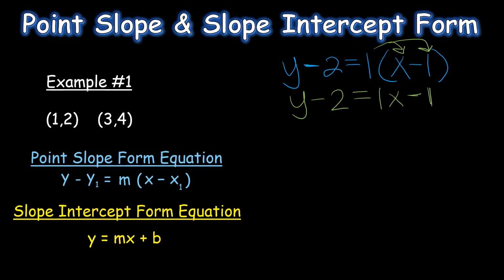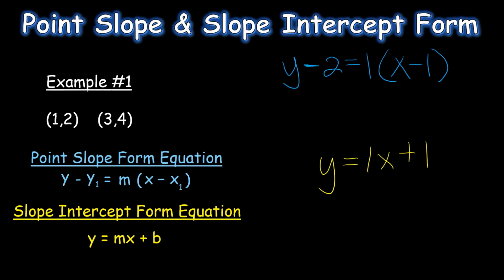And now we isolate the y, so we add 2 to both sides, and we end up getting y equals 1x plus 1. And this will be our slope-intercept form equation. So that means our point-slope form equation will be this right here, and our slope-intercept form equation will be this right here.